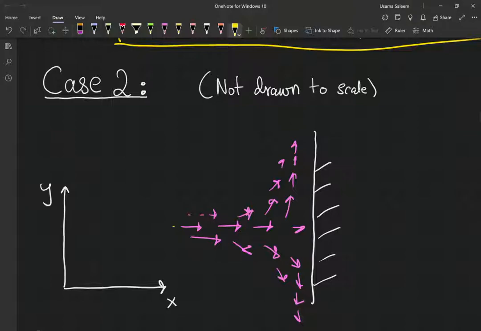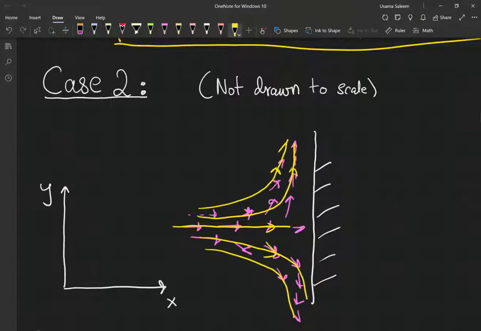So if I were to draw the streamlines, I have flow coming in, flow that is rotating away from the wall, right? Because of conservation of momentum, we'll talk about the dynamics later.